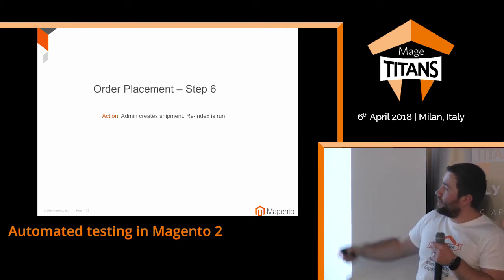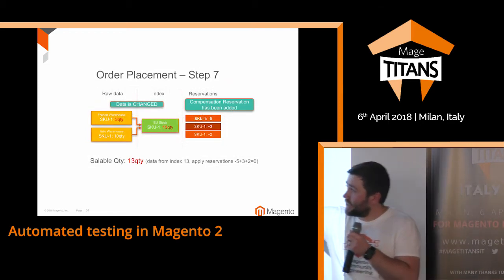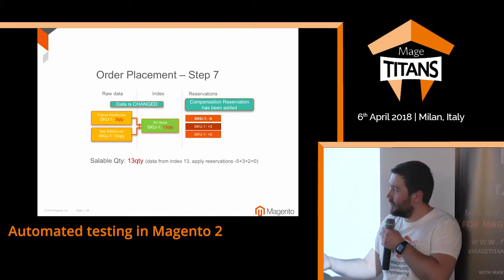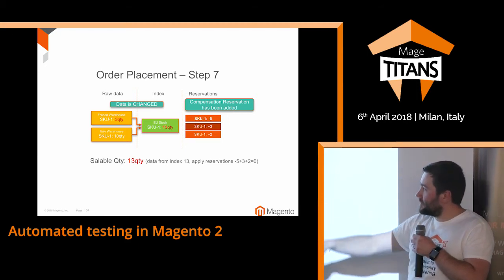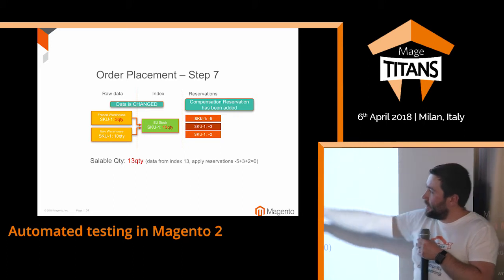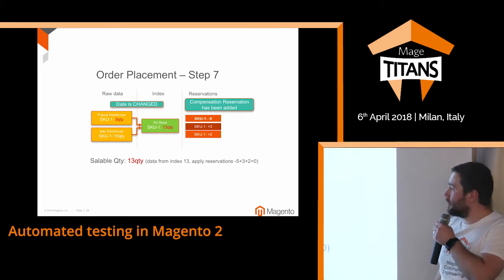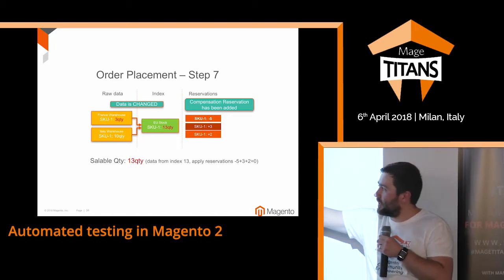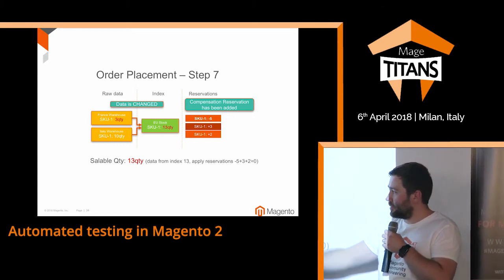At the time of shipment, we decided that we will make a delivery from France. It's strange because we're in Italy, but okay. So we decided that we will make a delivery from France, and updated the quantity there. We recalculated the index, so we recalculated the index for the European stock, and to be more precise, because we still have a gap in the reservation, we need to create a compensational reservation.